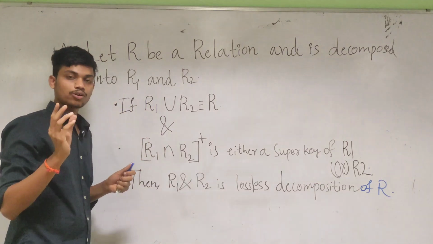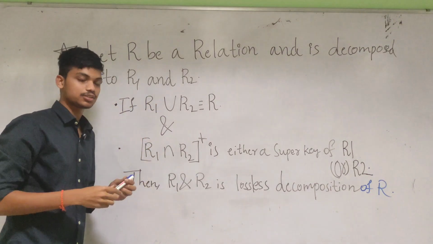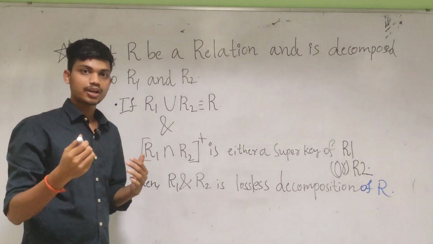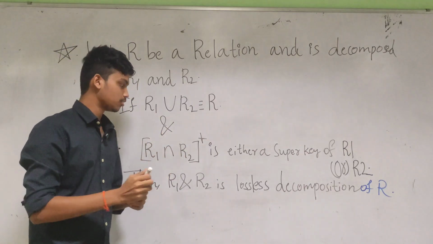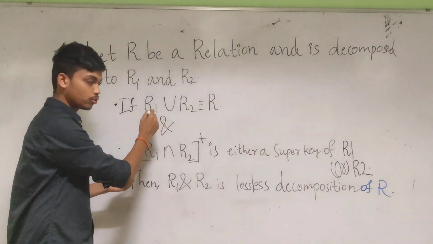But if they give you a table with functional dependencies, how can you decide whether a decomposition is lossless decomposition or lossy decomposition? For that you need to know this.